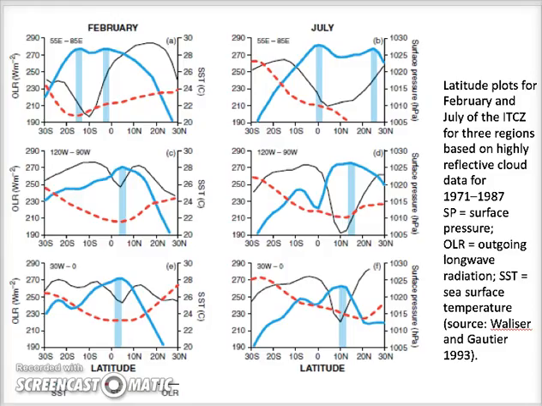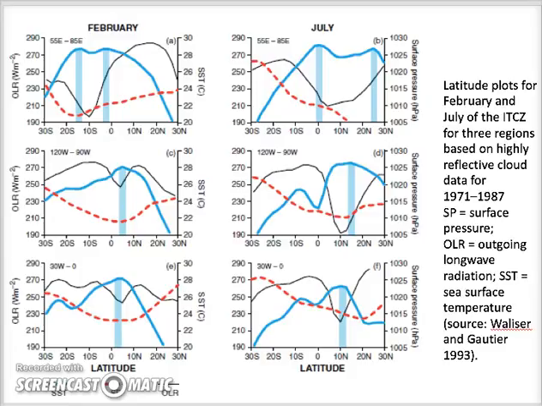So the ITCZ migrates north and south, following with a 1 to 2 month lag the passage of the overhead sun. This figure shows the latitudinal position in February and July in 3 regions of the globe. This analysis was based on 17 years of data on the presence of highly reflective clouds in satellite imagery.